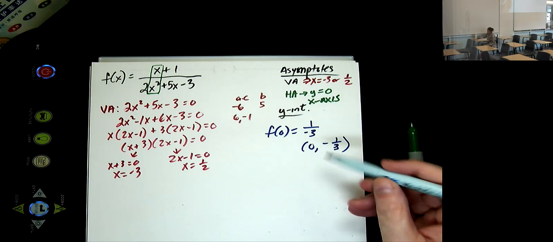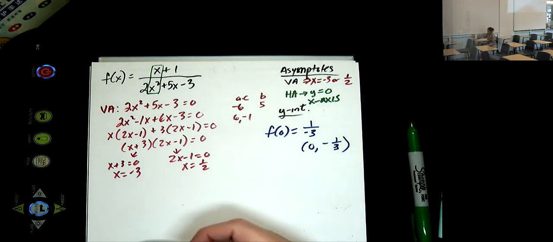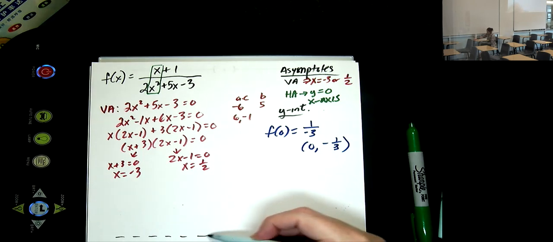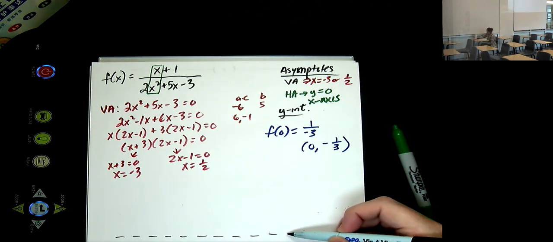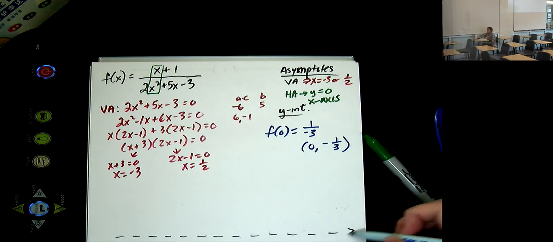The x-axis is an asymptote. So when I draw it, I'm going to make it dotted right now, rather than drawing it solid. This is my x-axis, and it happens to be an asymptote.